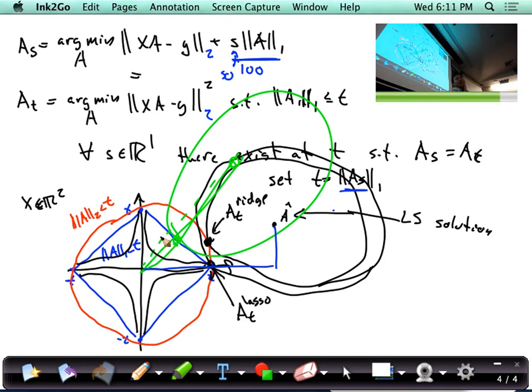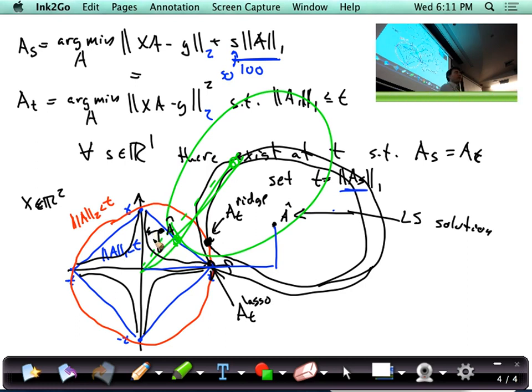If A hat was in here, I could still find the closest point was here. It kind of becomes weird. I have to check these multiple directions. This is why it becomes harder if this becomes less than 1, because now this shape is not convex, and I can't as easily find the closest point by just moving towards the origin.